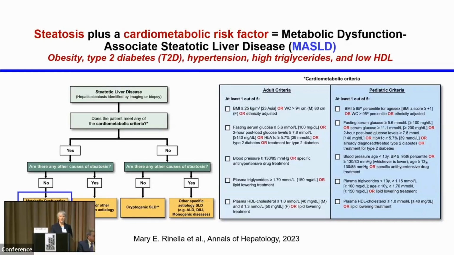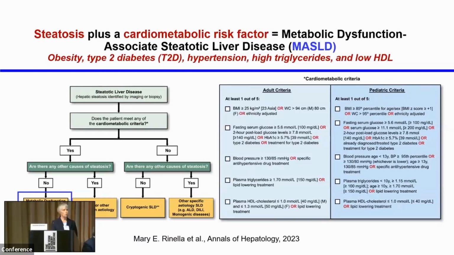So if you have steatosis and you have a cardiometabolic risk factor, you have a disease called metabolic dysfunction associated steatotic liver disease, or MASLD. This is the new replacement term for NAFLD, non-alcoholic fatty liver disease. And I've shown the diagnostic algorithm that was worked out through a modified Delphi project to identify a new term.